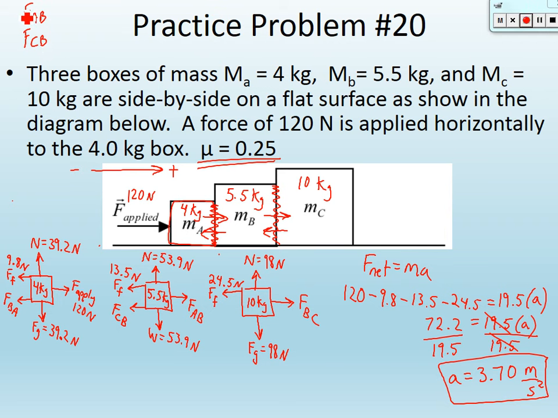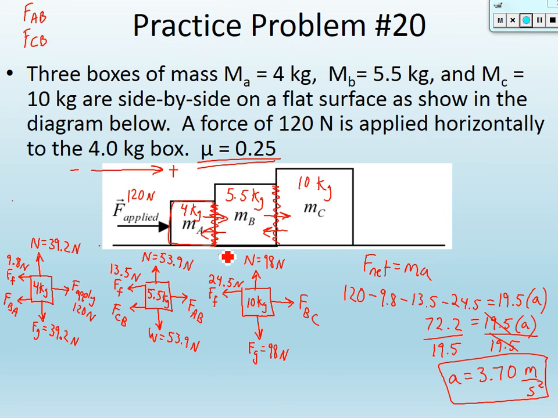If we're going to find the force that A puts on B, we see that right here. But if we have another unknown force, can we solve for it? No, so how can I find this one? The force that C puts on B. Won't it be the same as this one?